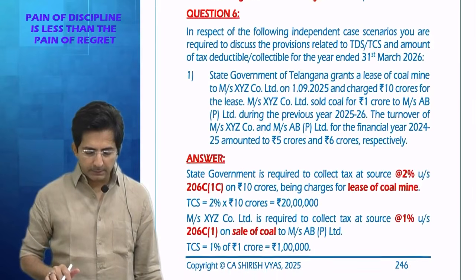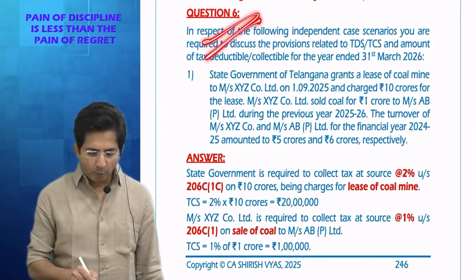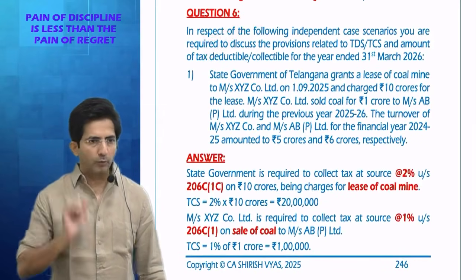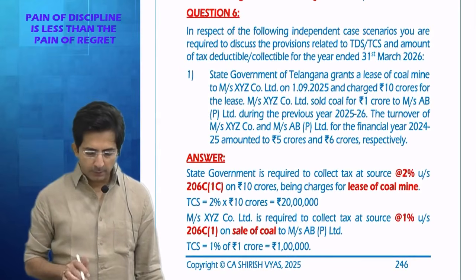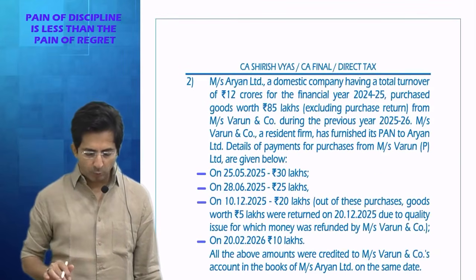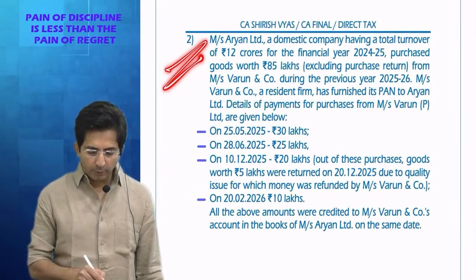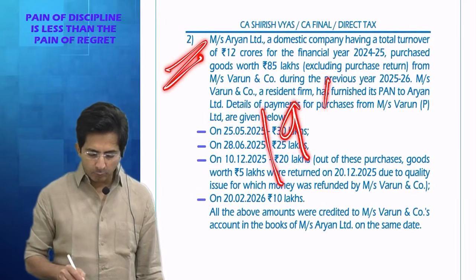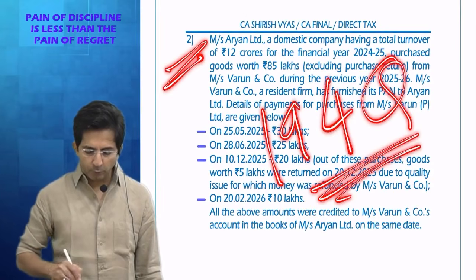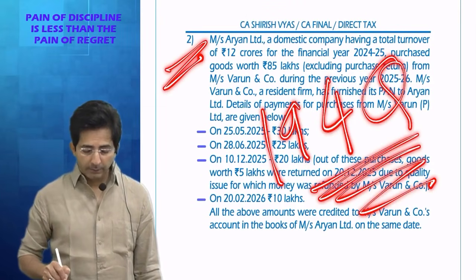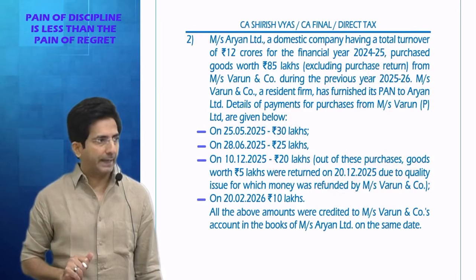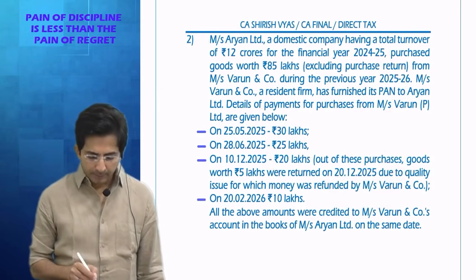Then in question number 6, there were several points but only a few points were given in homework. So first was in question 6, point number 2. Those who have done the homework might have seen this question is on 194Q. Here we have purchased goods above 50 lakhs. Let's read and check.